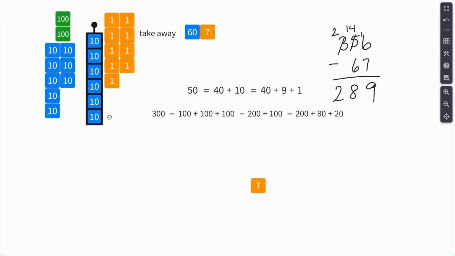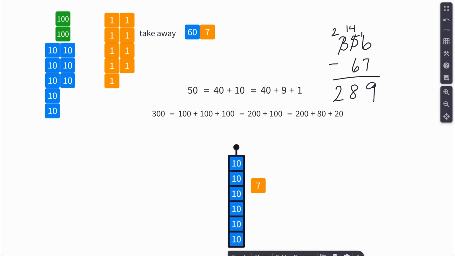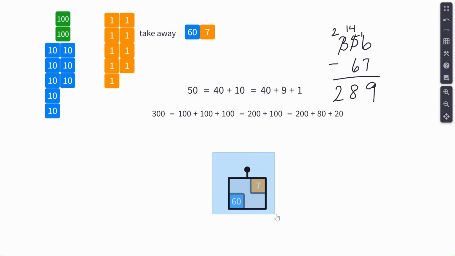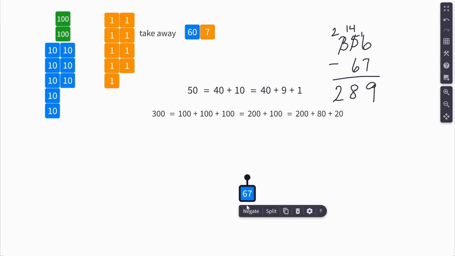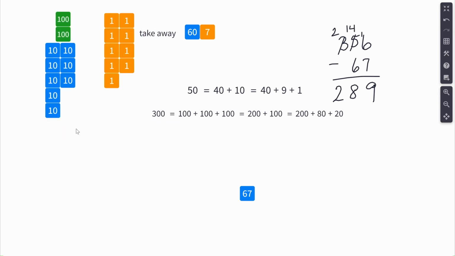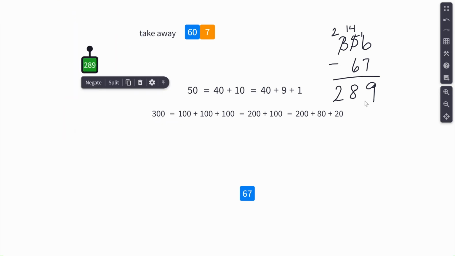What it did for me was give me enough tens that I can take away 60. So now I've taken away 67. I've taken 67 units out of my total here, and when I combine them back all together, I see that my result is 289.